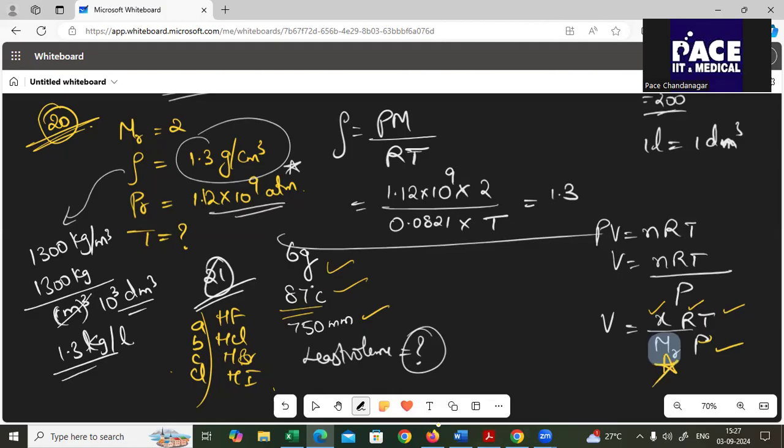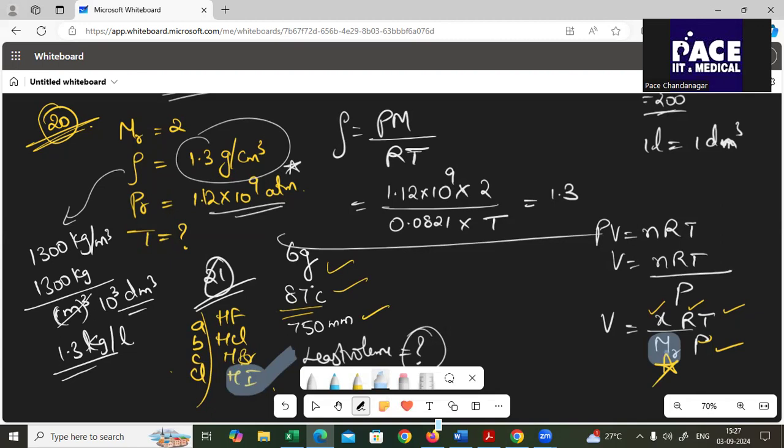So for more volume, the molar mass has to be the least, because volume and molar mass are inversely proportional to each other. As you divide by a greater number, you will get the least value. So whichever has the maximum molar mass, I would say hydrogen iodide is the answer. Maximum molar mass, least volume, definitely, right?